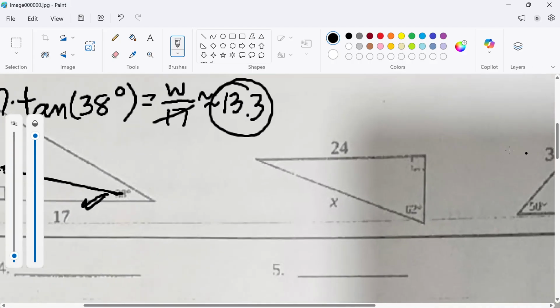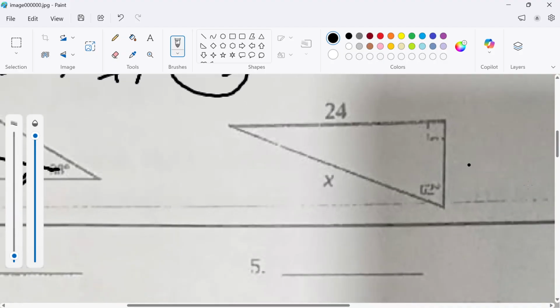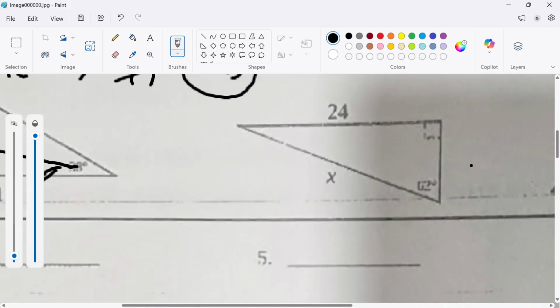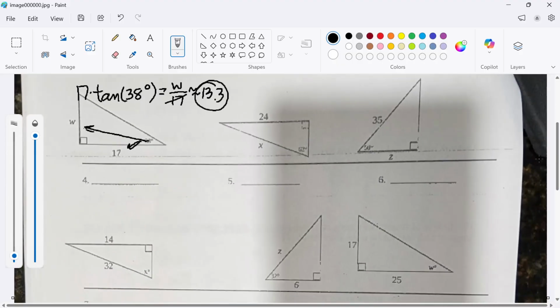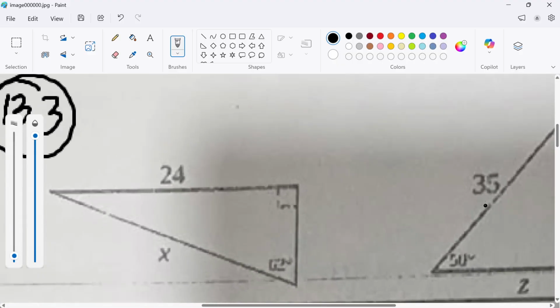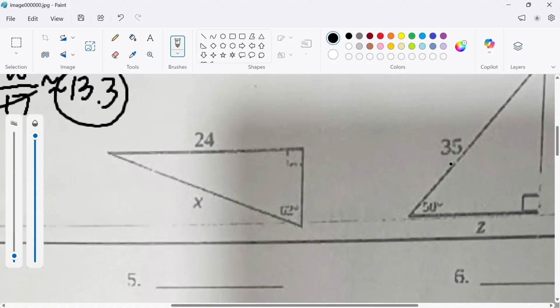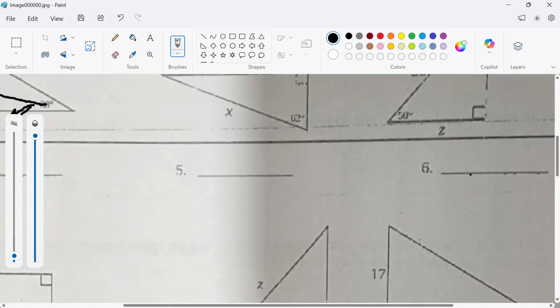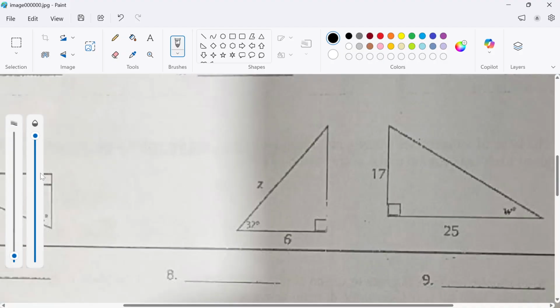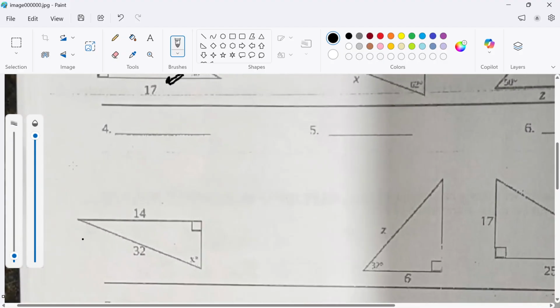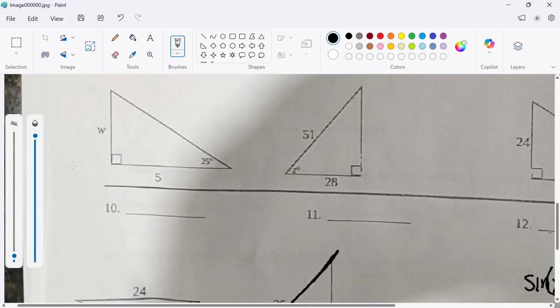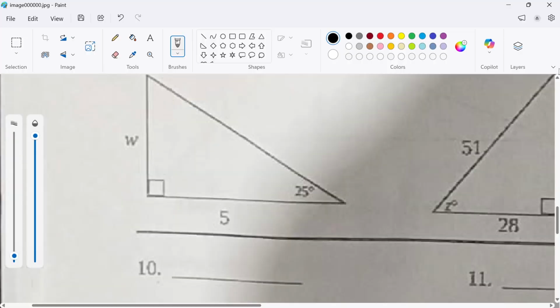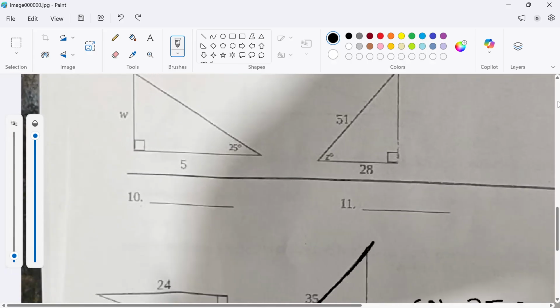Well, I don't know if I can do number 2. That angle is very blurry. I can't see that angle. Can I see this angle? I think that's 50 degrees. I'll do it as if it is 50. Let me do one where it's very clear. Boy, none of these are very clear. Here's one that's very clear: 25 degrees, with opposite and adjacent. But I want to do one where I have something different.